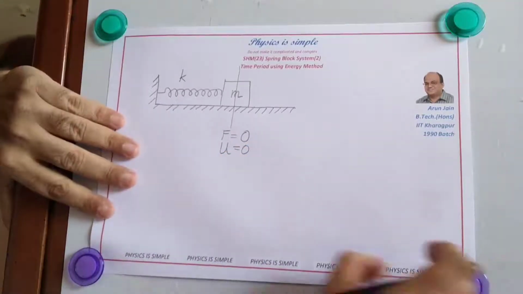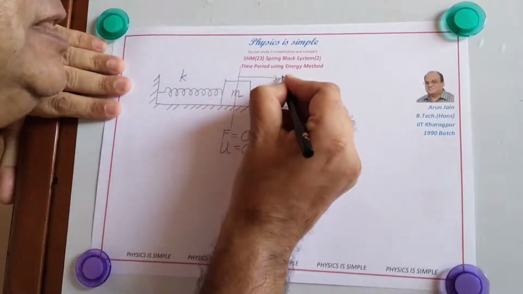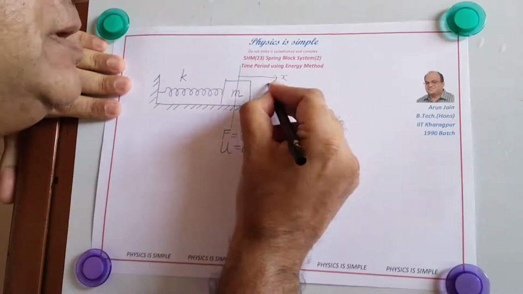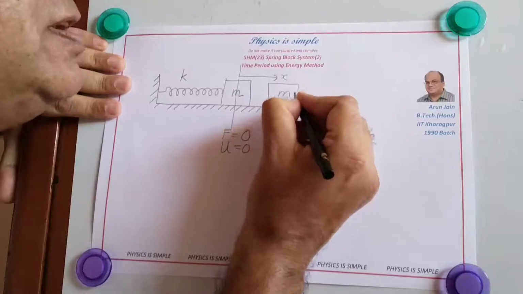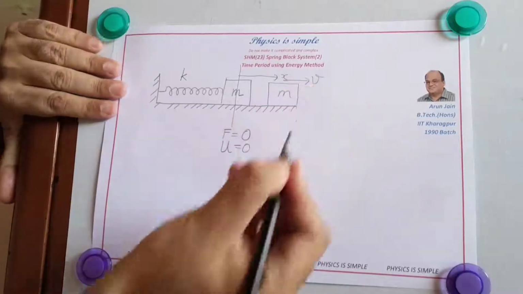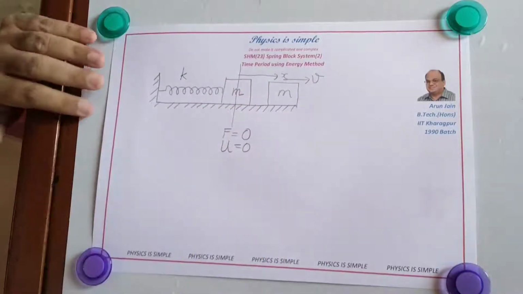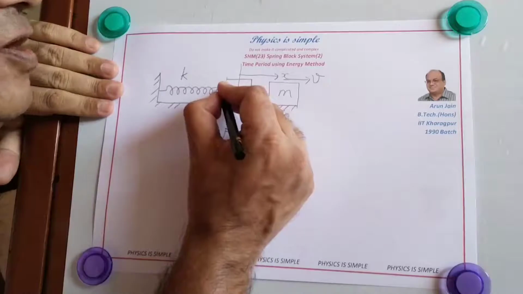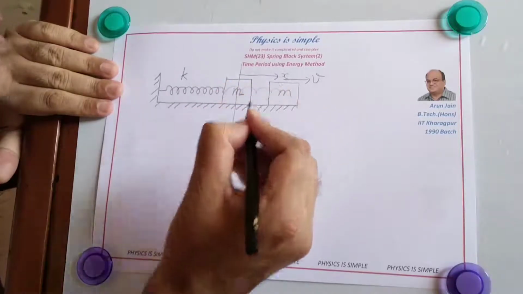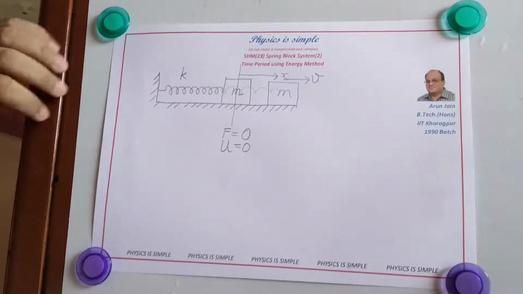Now, at a displaced position, this block is having some velocity v. So this position is not the extreme position. So at this position, the block is having a velocity v. The spring also is extended. Therefore, there is some potential energy stored in the spring.